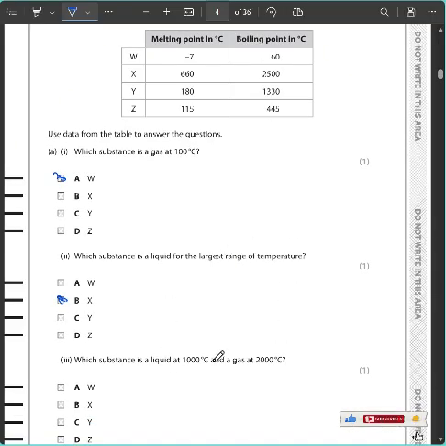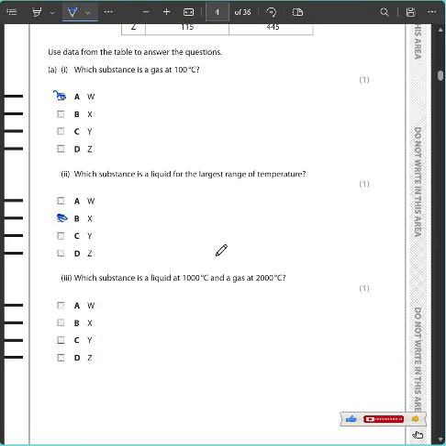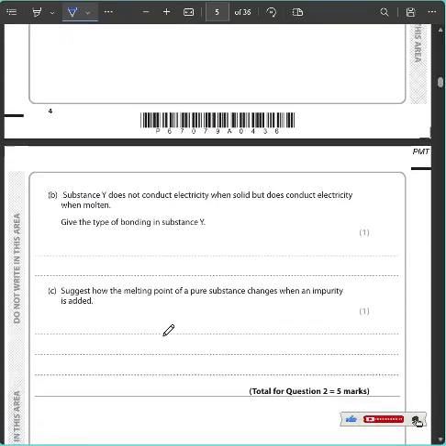It will be Y, because it will be in gas form after 1330 degrees, and it will be in liquid form around 1000 Celsius. That's why the answer will be C.